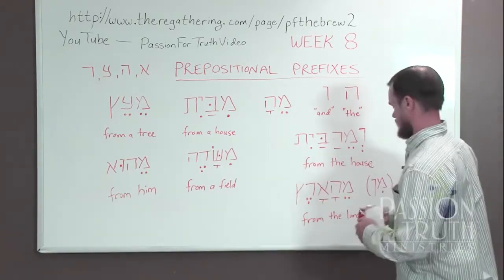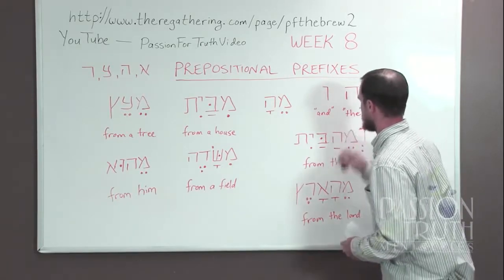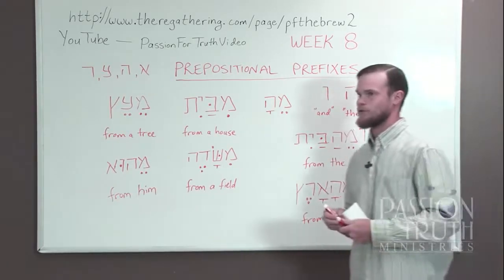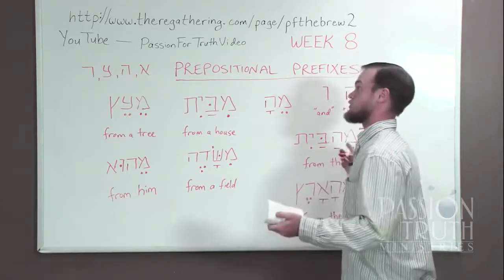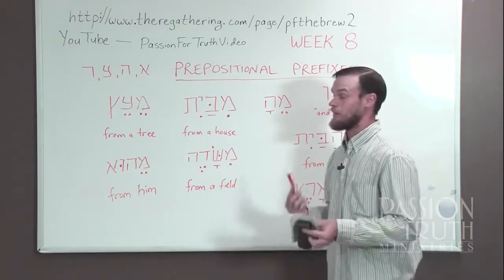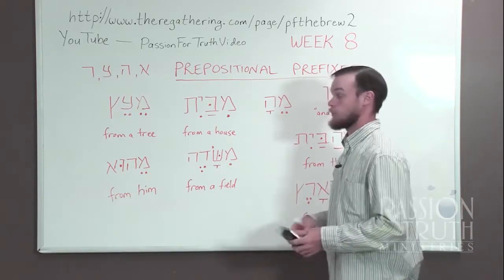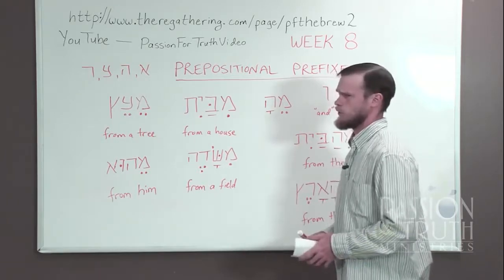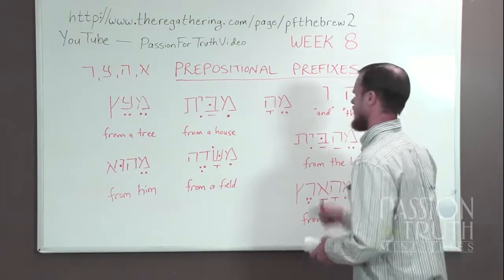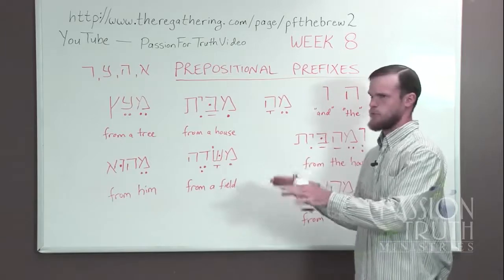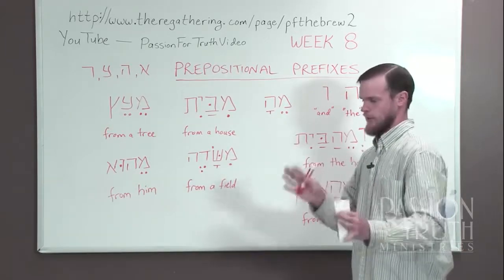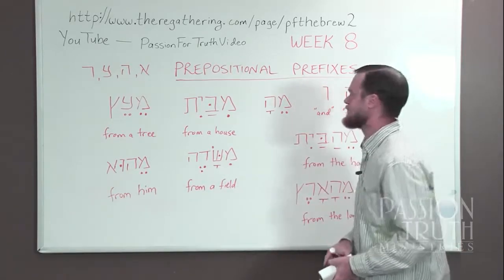Oh, yes. When you see a vav at the beginning of a word, that's exactly why the rules are important. And knowing the roots is important too, especially when you get into verbs. In nouns, they'll pretty much stay together. If you can pick out the noun inside the word, you go, okay, I know what this is talking about.